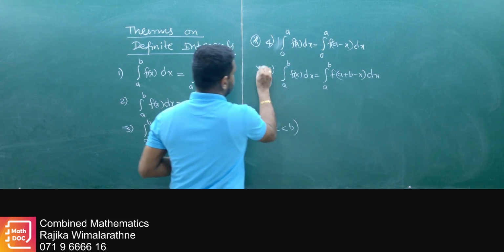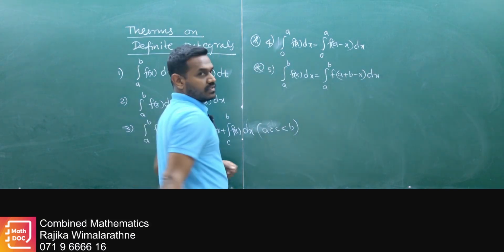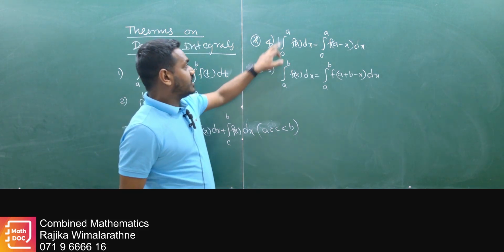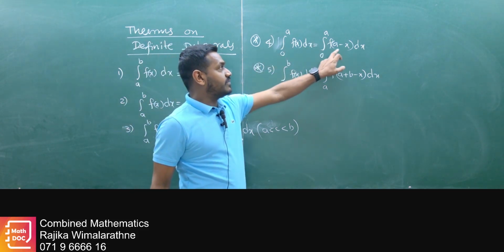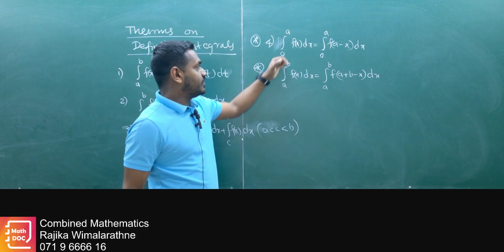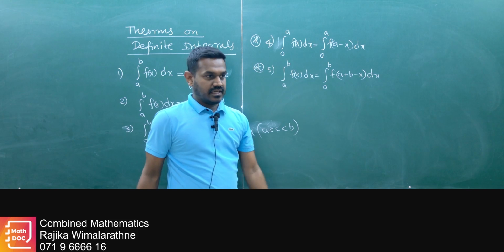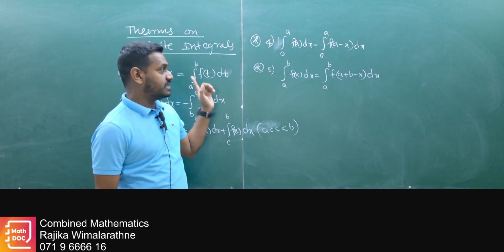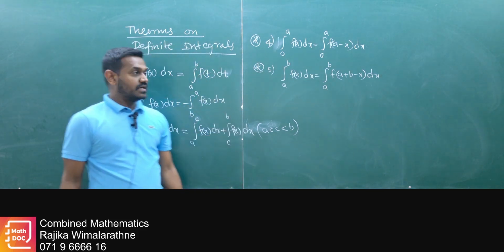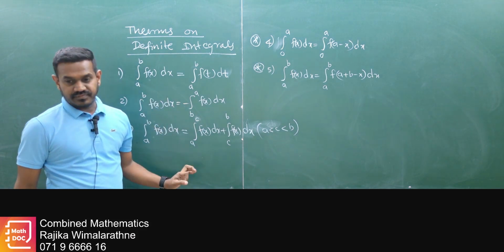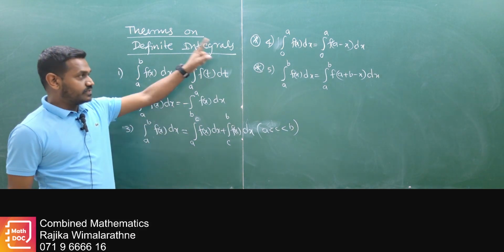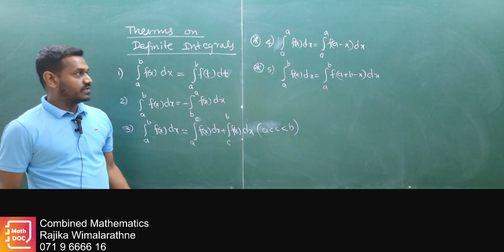These are very important theorems. So, 0 to a f(x) dx equals 0 to a f(a minus x) dx, and a to b f(x) dx equals a to b f(a plus b minus x) dx. These are theorems on definite integrals. Later we will see how to apply them. For now we just write theorems. Okay. Write it now.